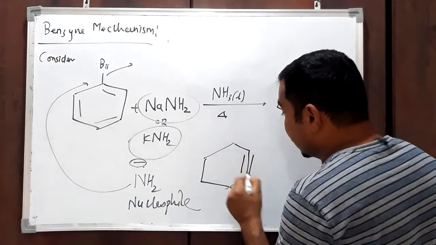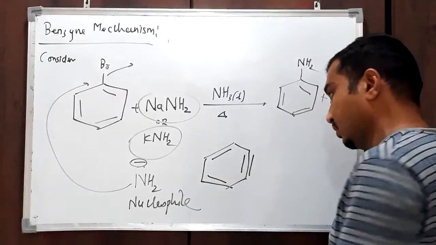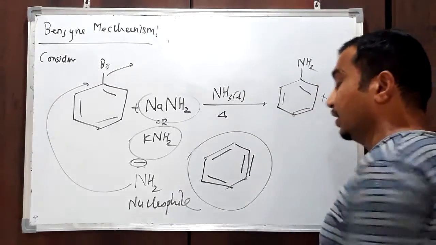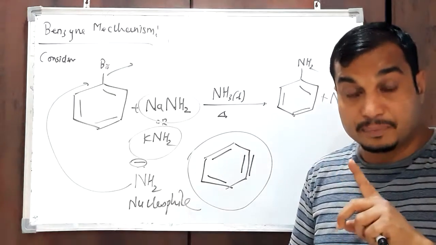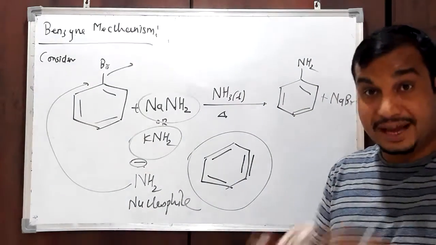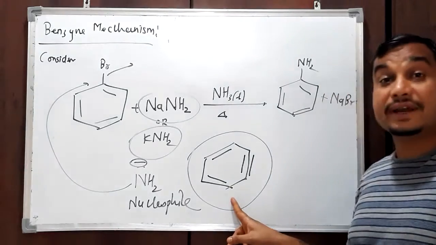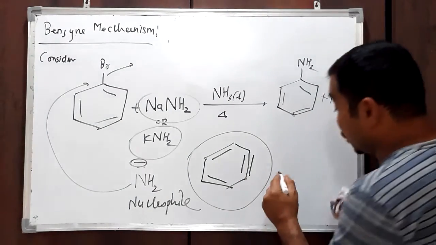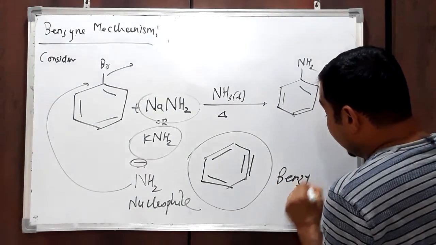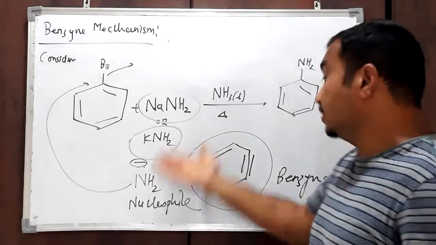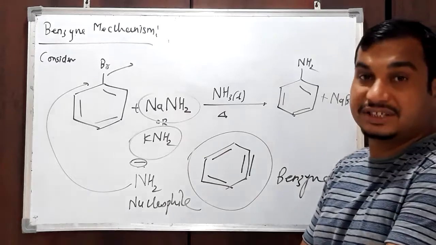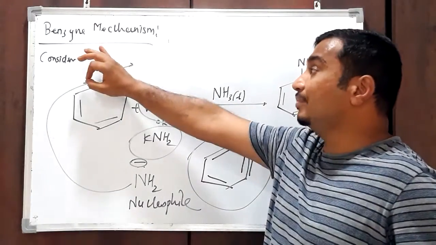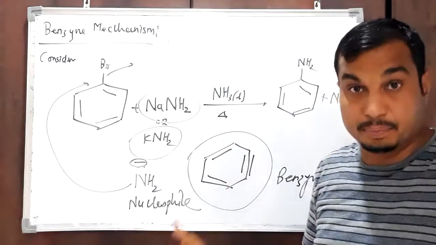We know benzene. One of the reaction intermediates, like carbocation, carbanion, free radical, carbene, nitrene, and one more reaction intermediate is benzyne. Benzyne is produced during this reaction. Therefore, the mechanism of this reaction is named the benzyne mechanism.